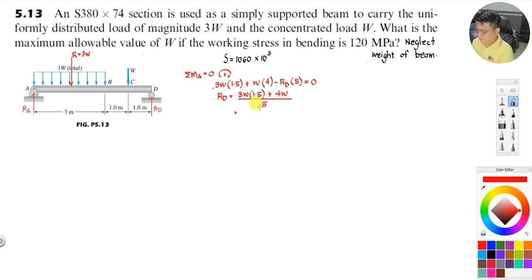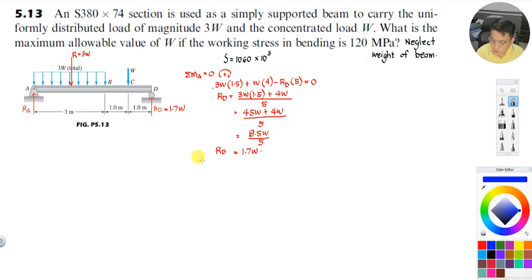So 4.5 of W plus 4W all over 5, equals to 8.5 of W all over 5. So, yung RD ko in decimal, 8.5 divided by 5, or that is 1.7 of W. So, you can have it as 1.7 of W.